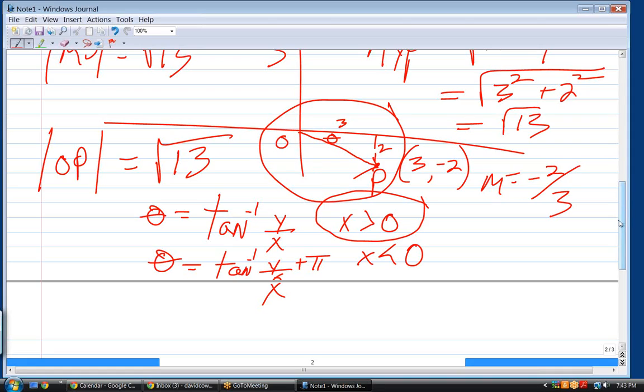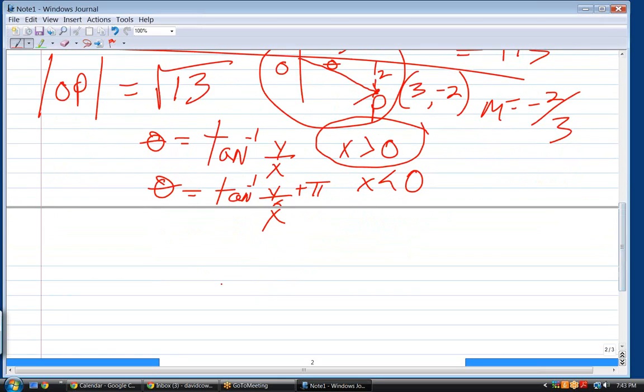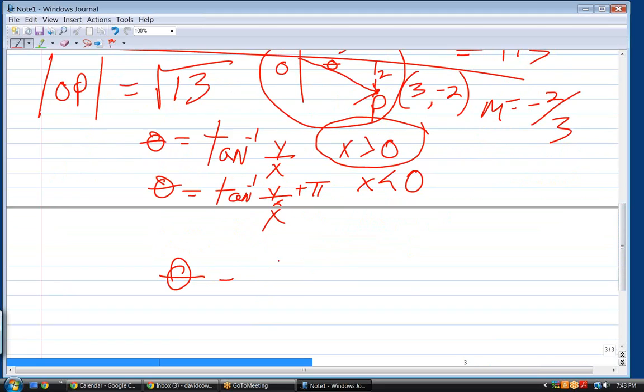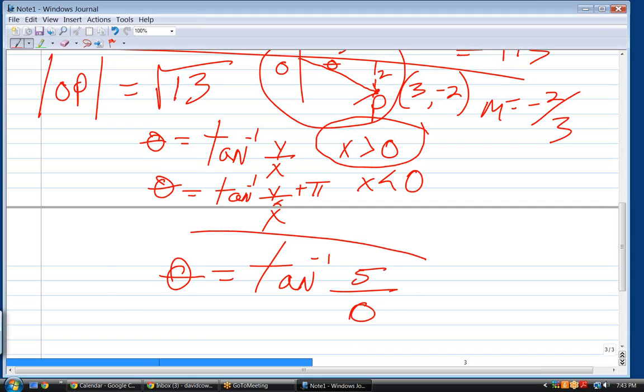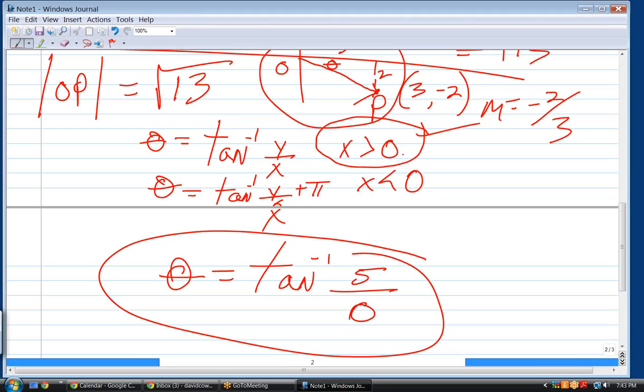Now, what if I said to you, what's that equal to? In other words, this covers x being greater than 0 and x being less than 0.